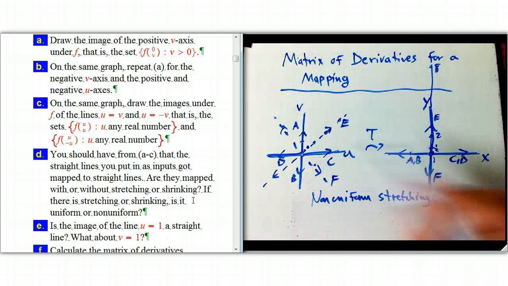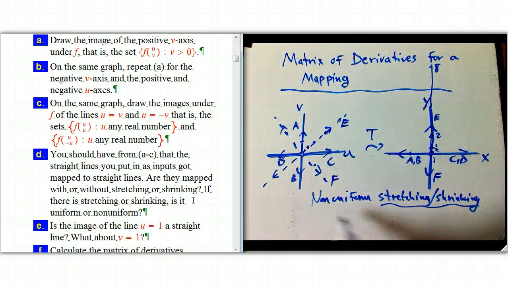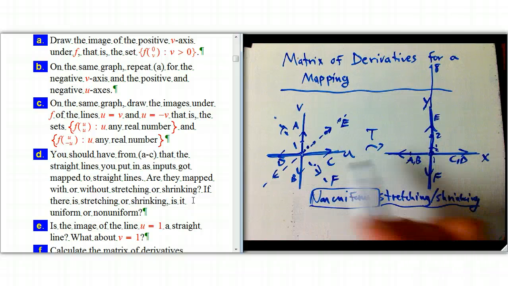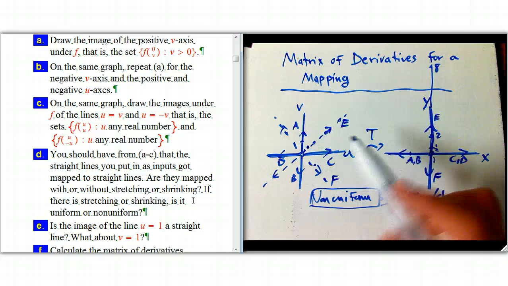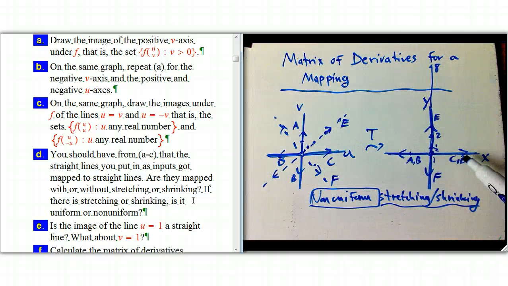If you take a half, it's going to show up much smaller. So it turns out that there's both stretching and shrinking. The main thing is that there's this non-uniform stretching and shrinking. So it's not really enough to say these lines go to these rays. It does matter that there's some stretching and shrinking going on.